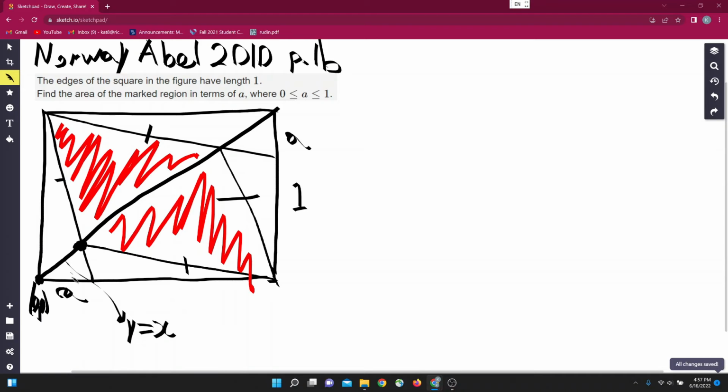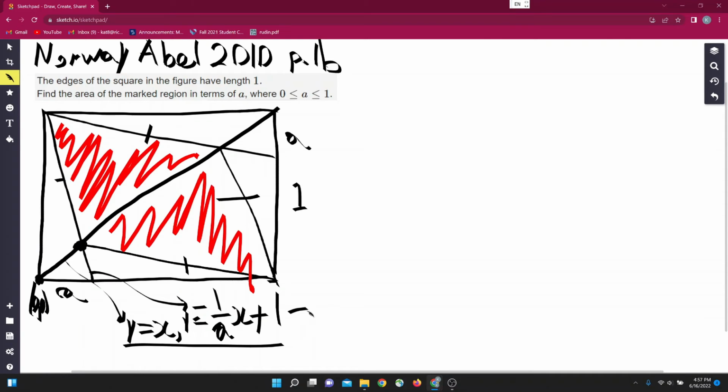It bisects this right angle. And the equation for this line here, well, let's see, it goes a in the x direction and 1 in the y direction. And it's a negative slope, so we're going to have 1 over a, change in y over change in x. y equals 1 over a, minus 1 over a times x, plus, well, the y-intercept is just 1, right?